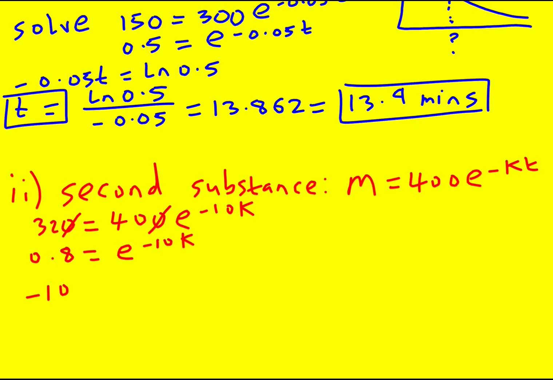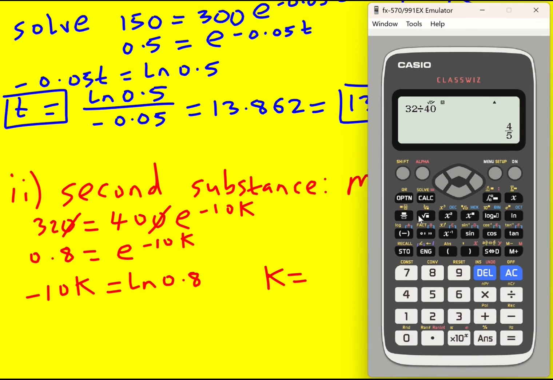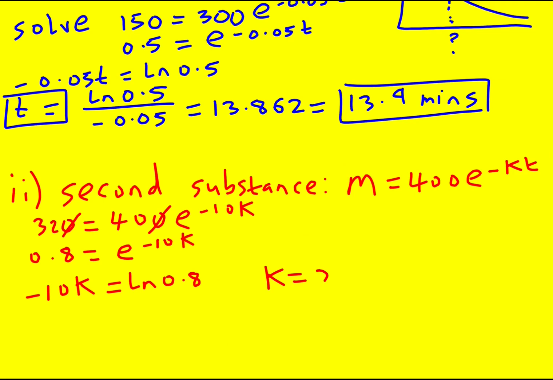In the same way as above, minus 10k is ln of 0.8, so k is ln 0.8 divided by minus 10. I'm just going to put that straight into my calculator. 0.02231.